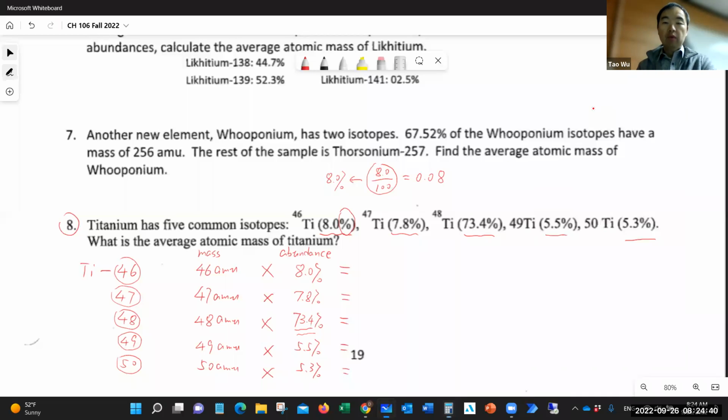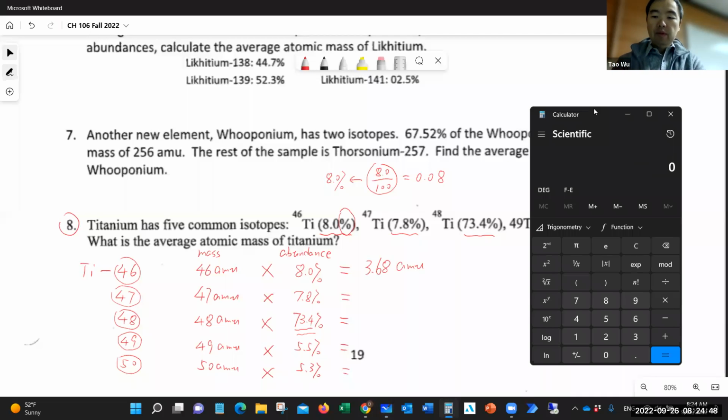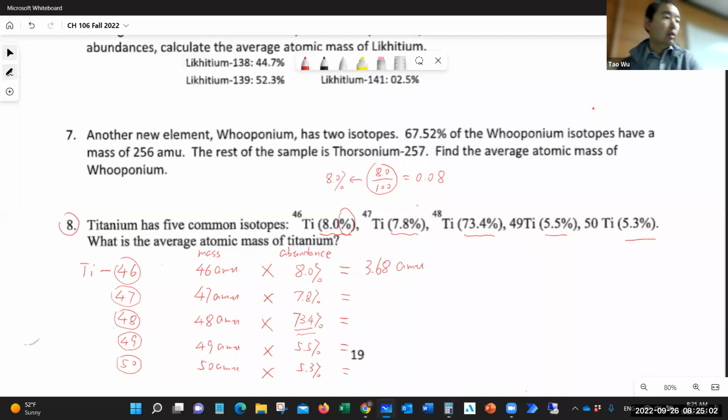So we got 3.68 AMU. Next one, 47 times 7.8 divided by 100. We got 3.666 AMU.